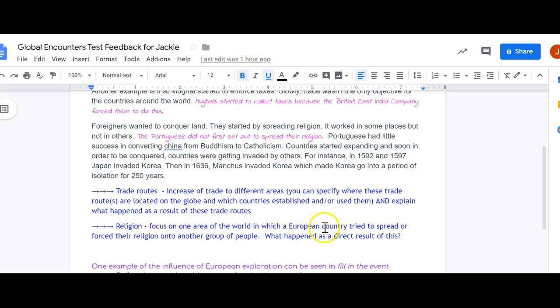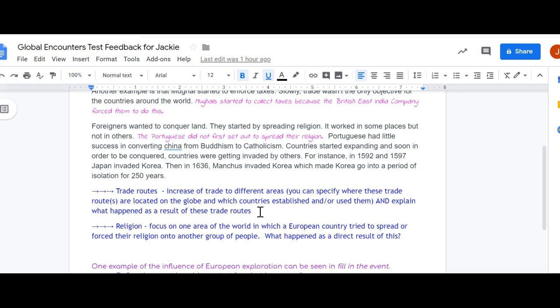So you're going to name the countries, you're going to name the trade routes if they have a name, and tell me where they are located on the globe, like where they go to on the globe. And you're also going to explain what happened as a result of those trade routes.